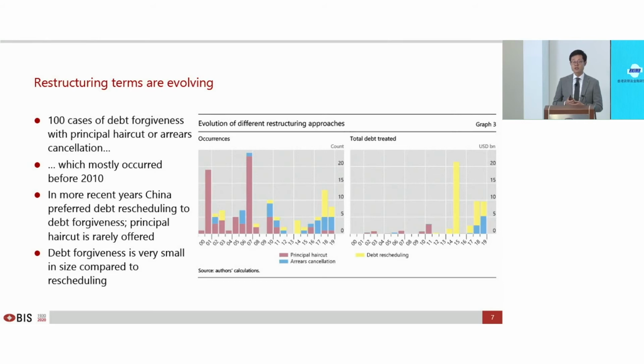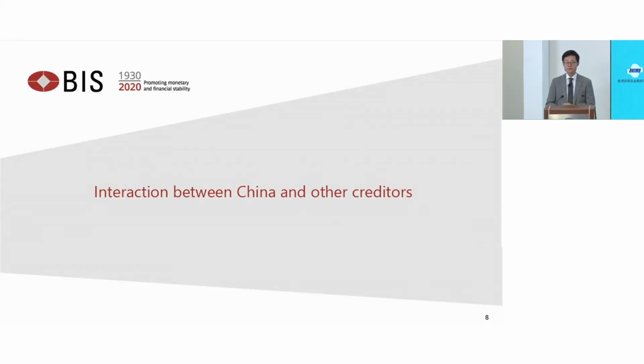For instance, on the right-hand side panel, you see a large yellow bar in 2015. That was the year when China provided a debt rescheduling of 21.3 billion US dollars of external debt to Angola. So a very particular case.